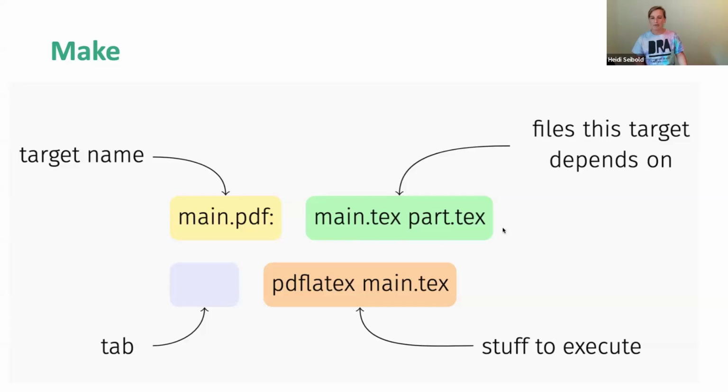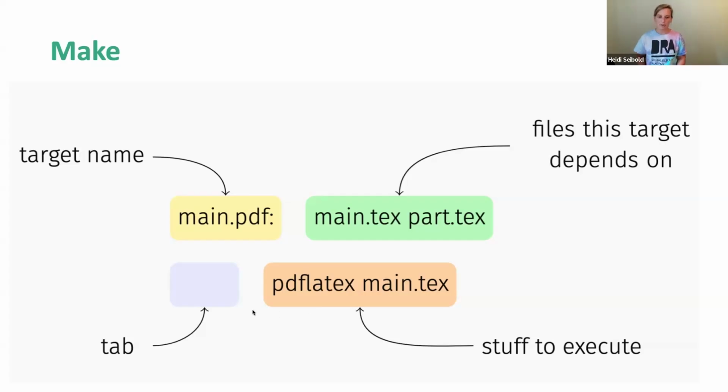And then you have the files that this target depends on. In my case, these are two TeX files. And then down in orange, we've got the code that we need to execute in order to get the PDF from the dependent files. In this case, the command that we're using is called pdflatex.